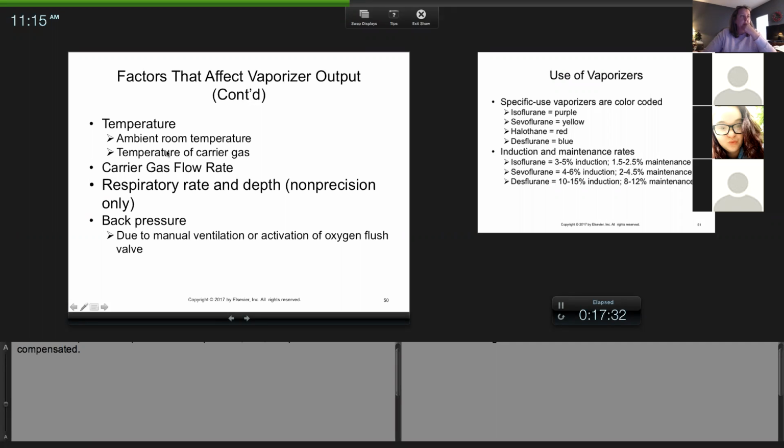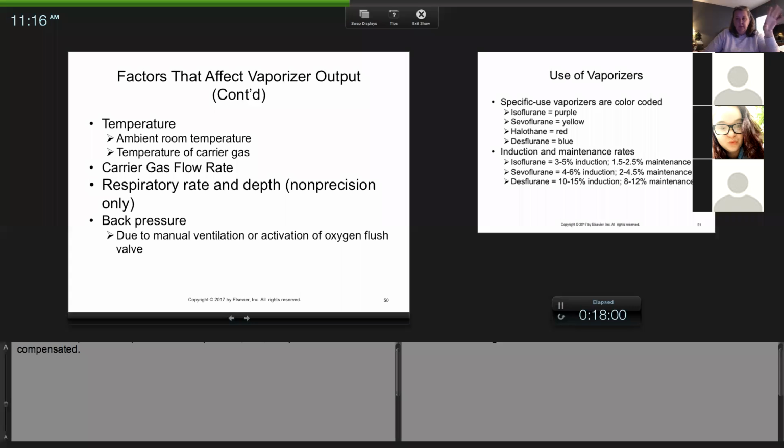But the ambient room temperature, the temperature around them, can affect it in extreme situations. I gave you that example of my friend's clinic that was having trouble keeping their animals asleep. And when they tested the temperature in the OR and of the vaporizer, the room was too cold and it was affecting the vaporizer.